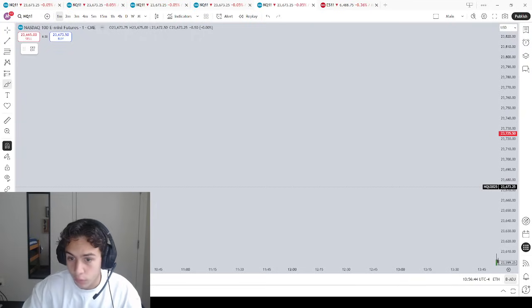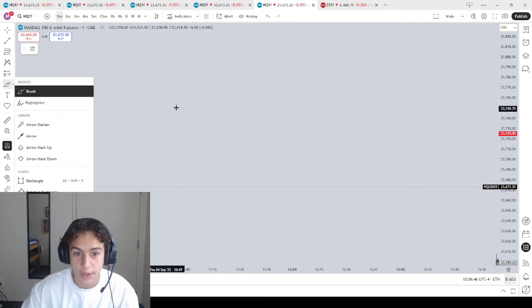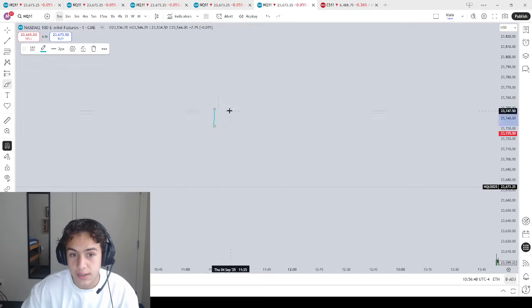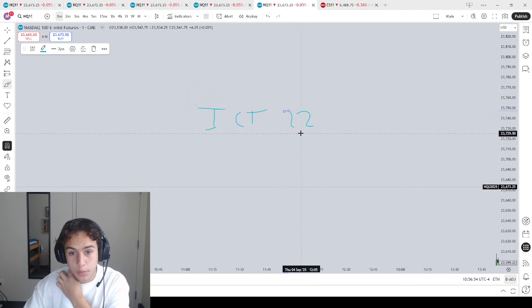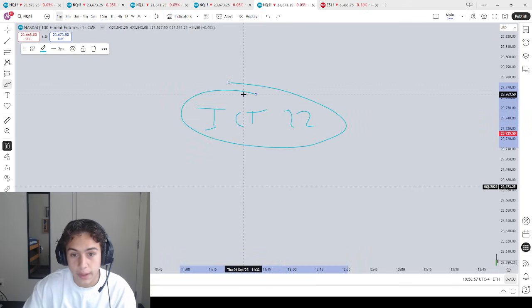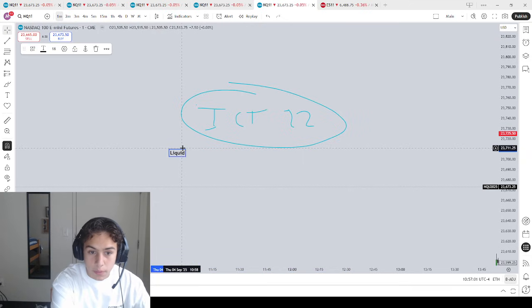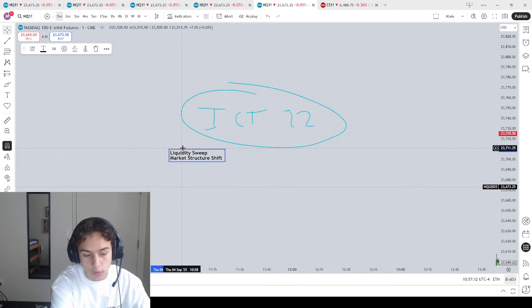So, for those who don't know, I trade the ICT 2022 model. Pretty much, the whole thing is a liquidity sweep, a market structure shift, also known as a break of structure if you watch the TGR bootcamp.